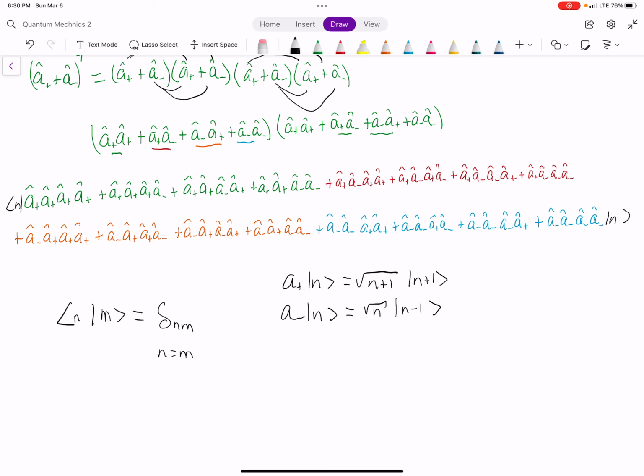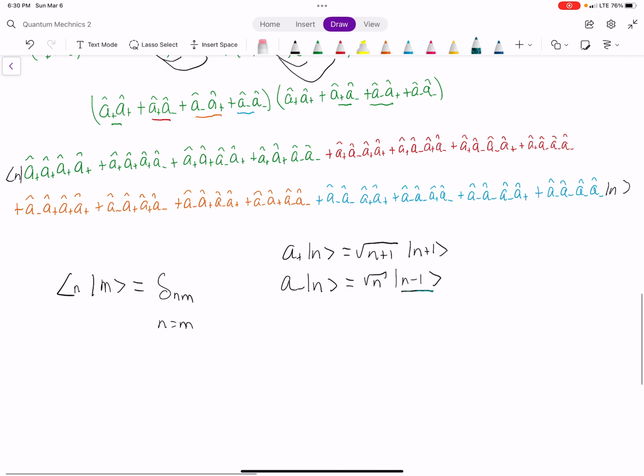So the point I'm trying to get at is we're going to have these operators, but at the end of the day, this has to just be n. Because if it's not n, you're going to have an n bra and something not equal to n ket, which means it's going to be 0.